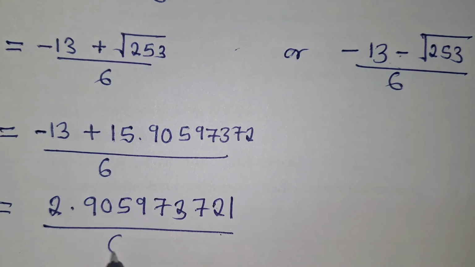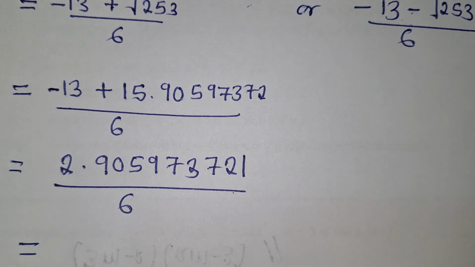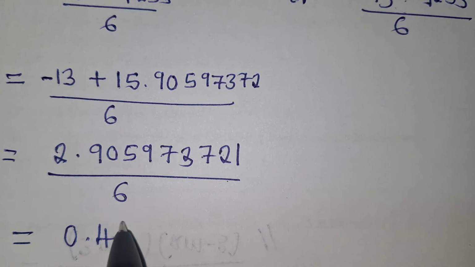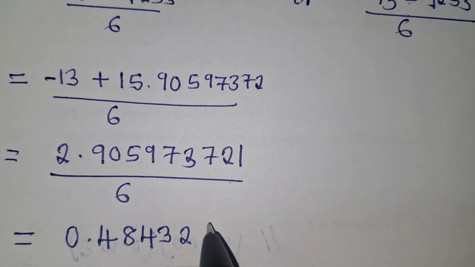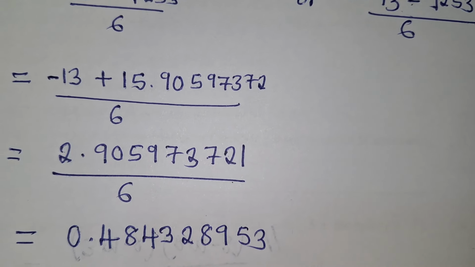So divide by 6. So when we divide by 6, this is giving us 0.48432895.